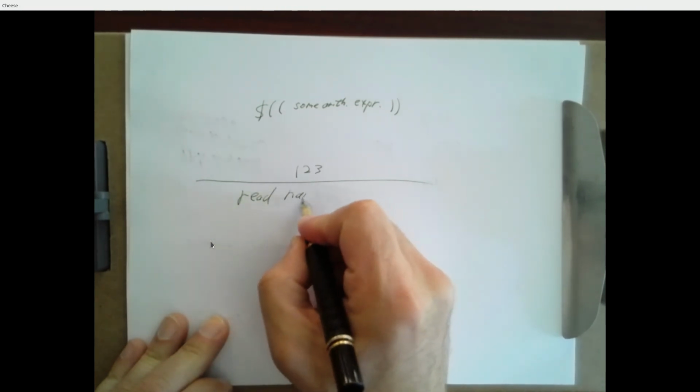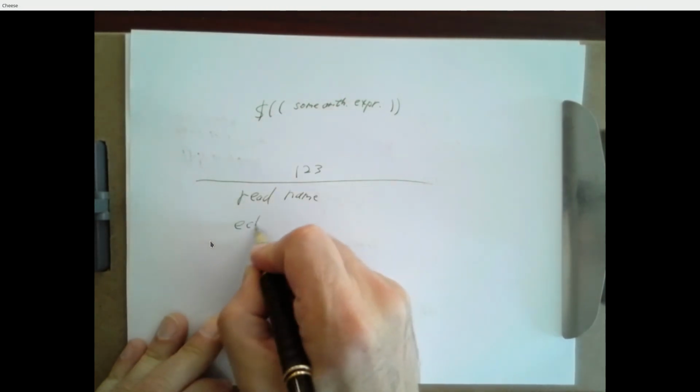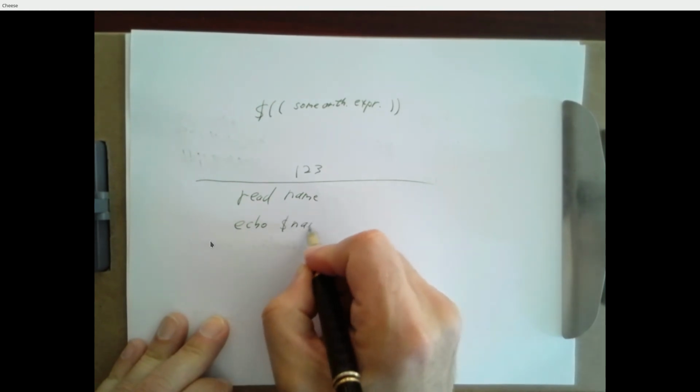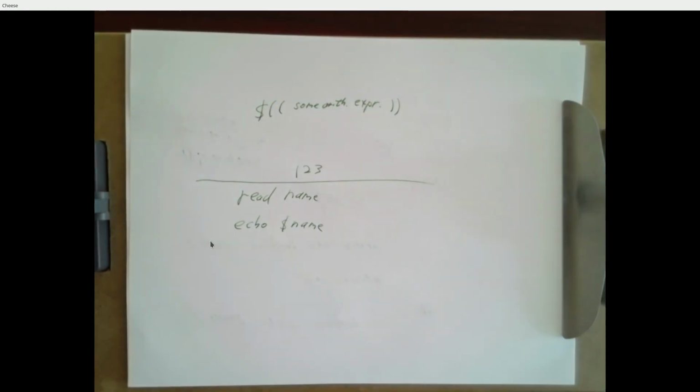Read name, echo $name. And this is a script that's running on your machine, and it's available on the web, and when you run it, it asks for your name, and you type in your name, and it says, hello name.